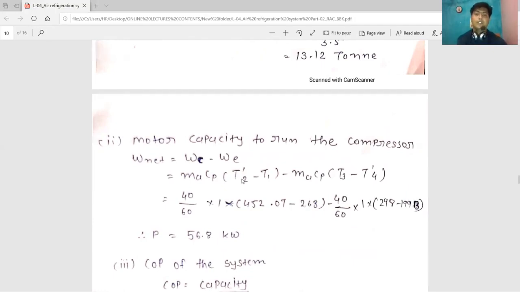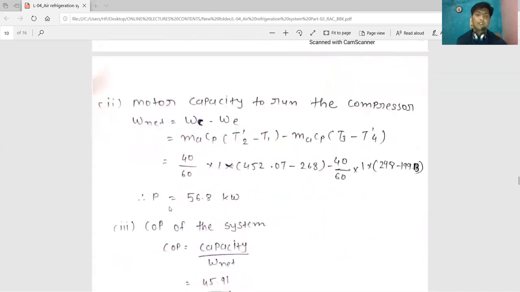So in place of T2 we use T2 dash, in place of T4 we use T4 dash, and then calculate the power of compressor, that is 56.8 kilowatt. Here we use MA, mass of air, which is given in the numerical. That's why we divide by 60 and convert into second. So power is 56.8 kilowatt. That is the total power required to run the plant.